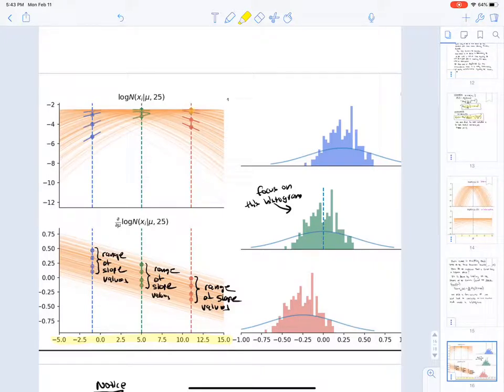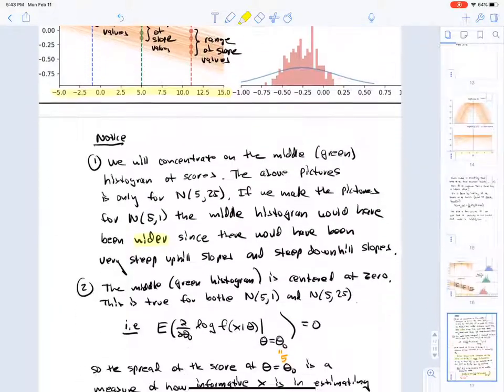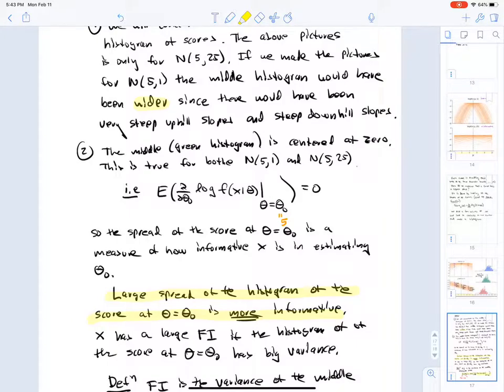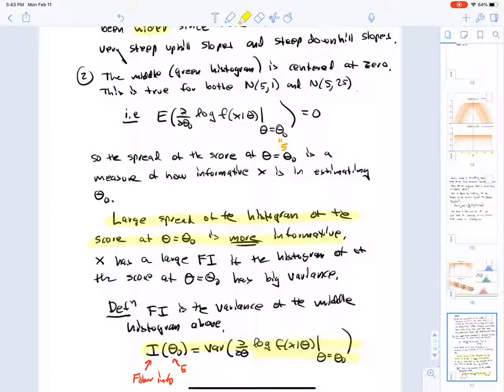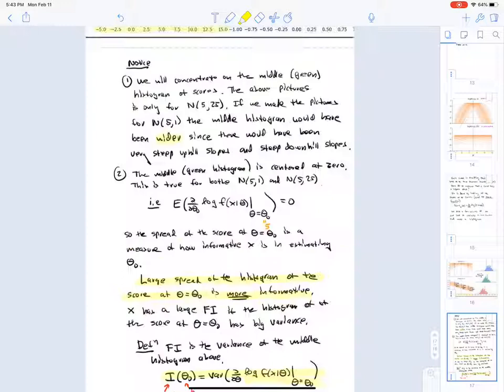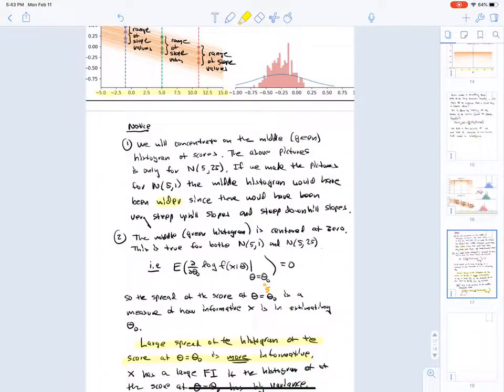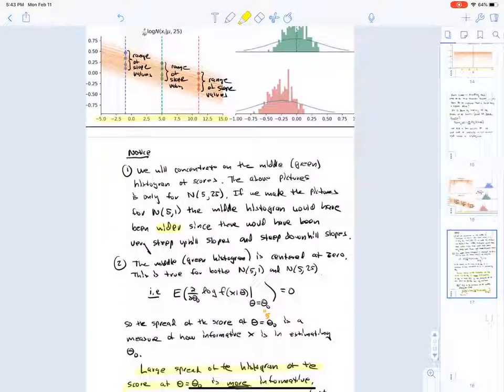So the histogram would be much more spread out. We could get some very negative score functions and some very positive score functions, but it would still be centered at 0. So that's the main idea. What we're going to do is look at how spread apart the histogram is, and this middle histogram is centered at the true value, in this case mu is 5.